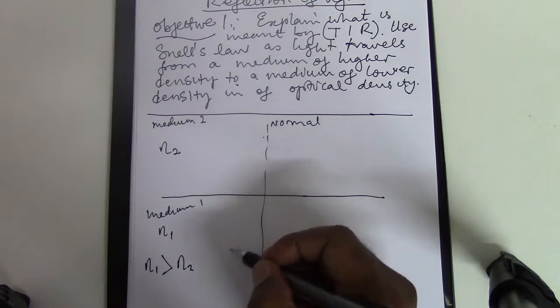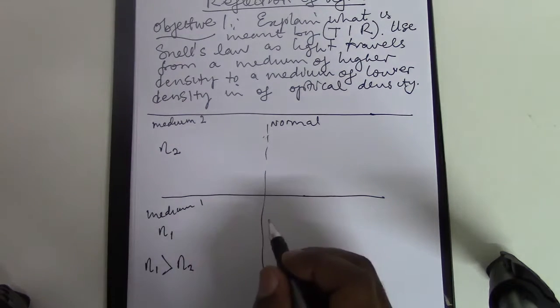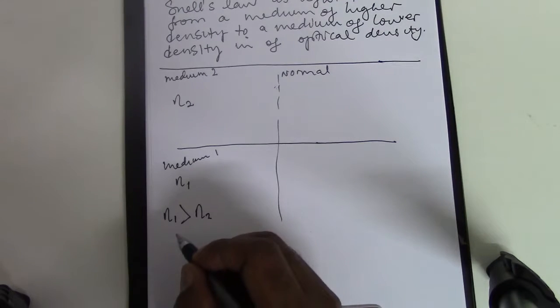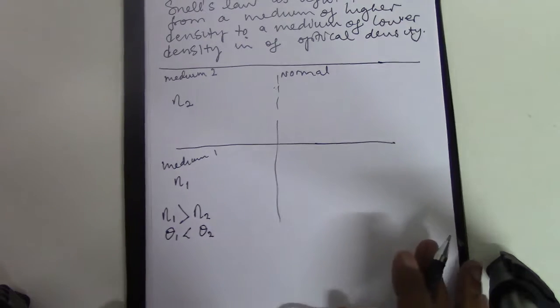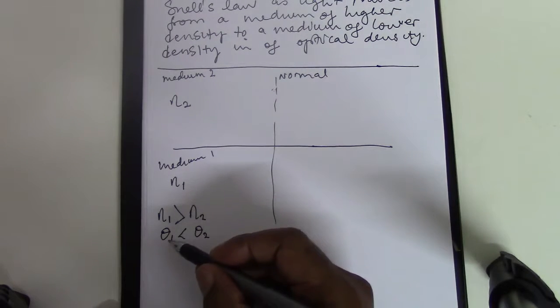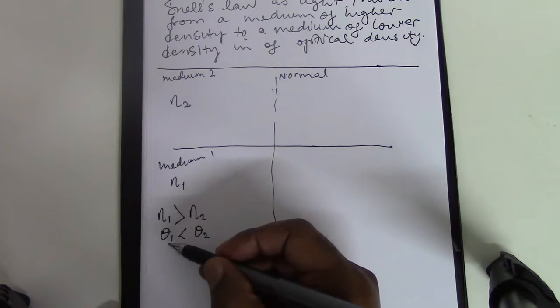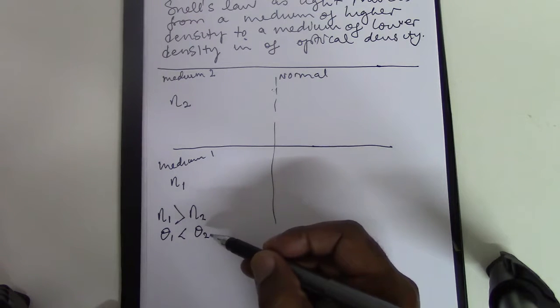And you remember, under this situation, theta 1 will be smaller than theta 2. And remember, theta 1 is the angle of incidence and theta 2 the angle of refraction.